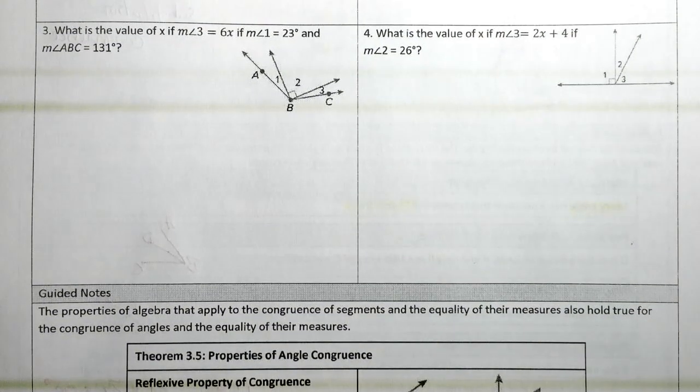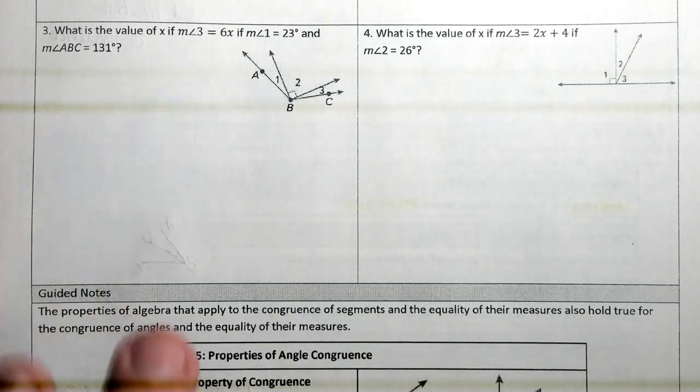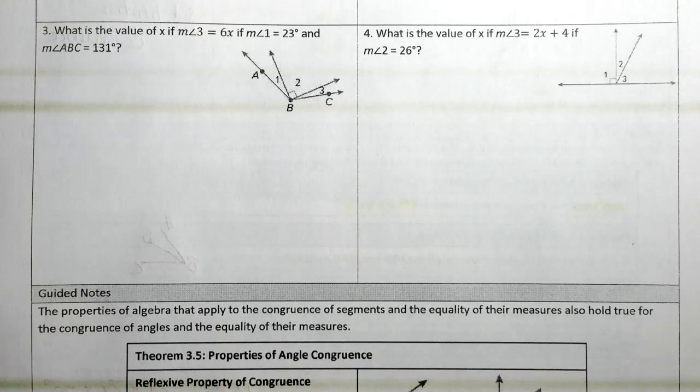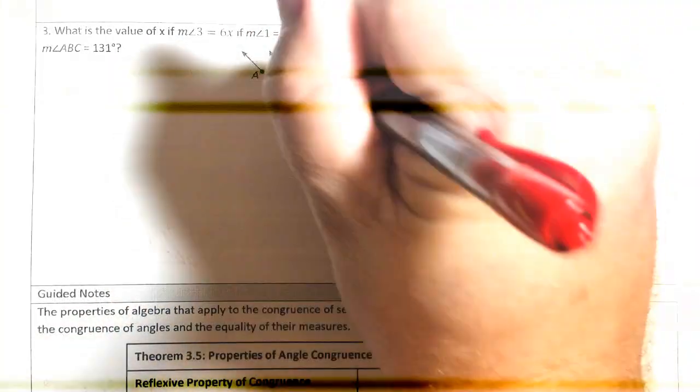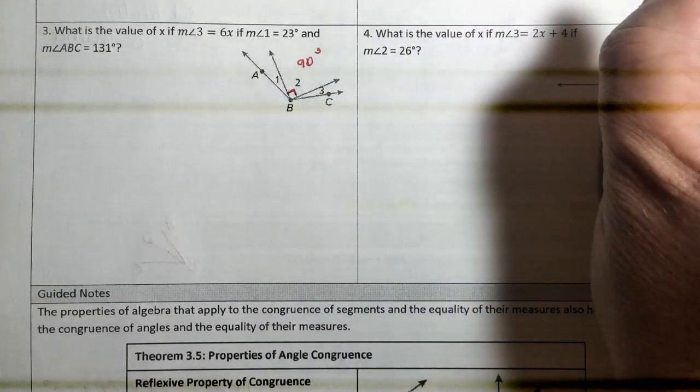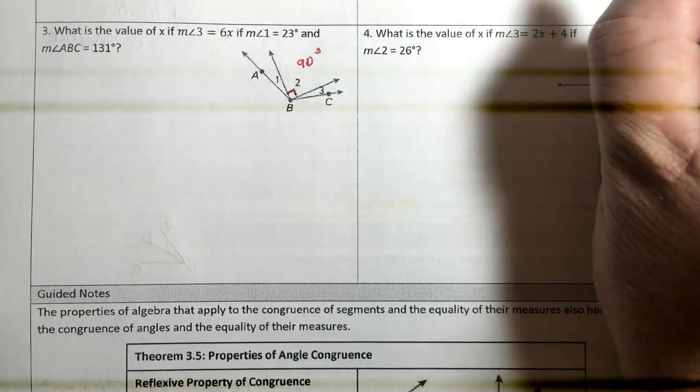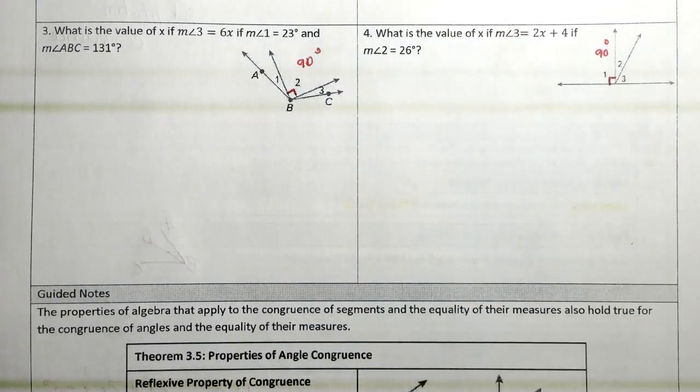Let's go down here, look at number 3 and number 4. Both of these are asking for the value of x. You'll notice these are the same figures from above. So I'm going to go ahead and mark our 90 here. Oops, 90 degrees. Our 90 here. Let's see.